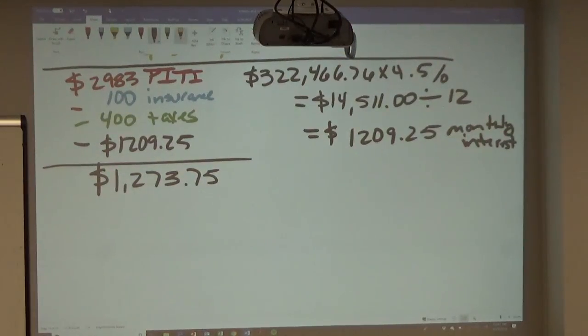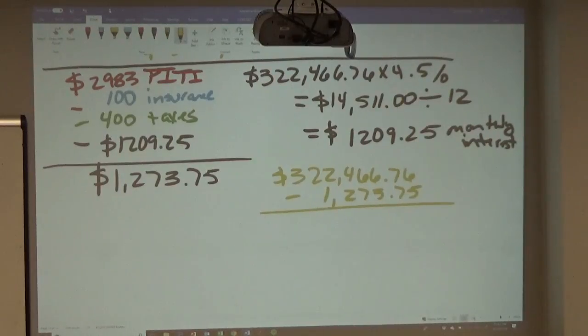And so our final math step is going to be to take our loan balance after 2 payments, which is $322,466.76 minus $1,273.75, and that leaves us with a balance after 3 payments, finally, of $321,193.01. $321,193.01.